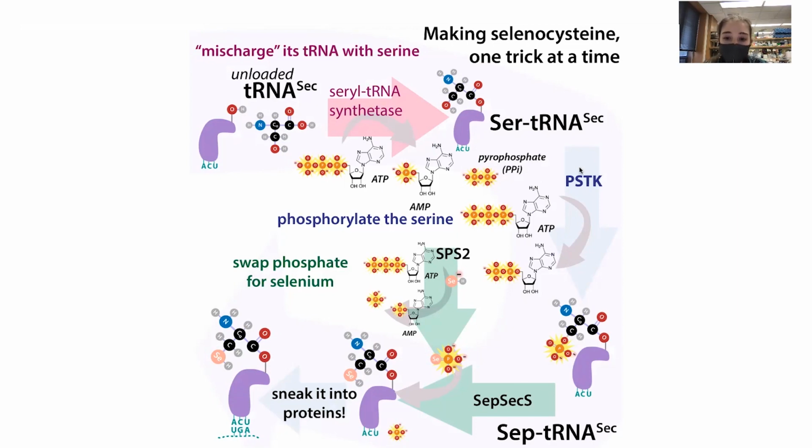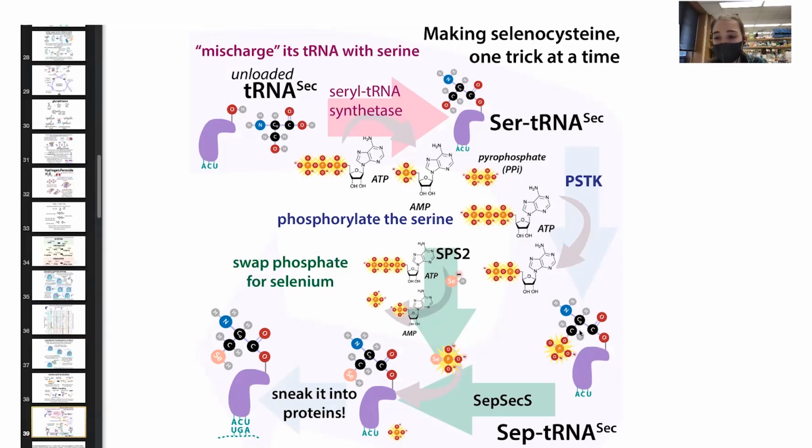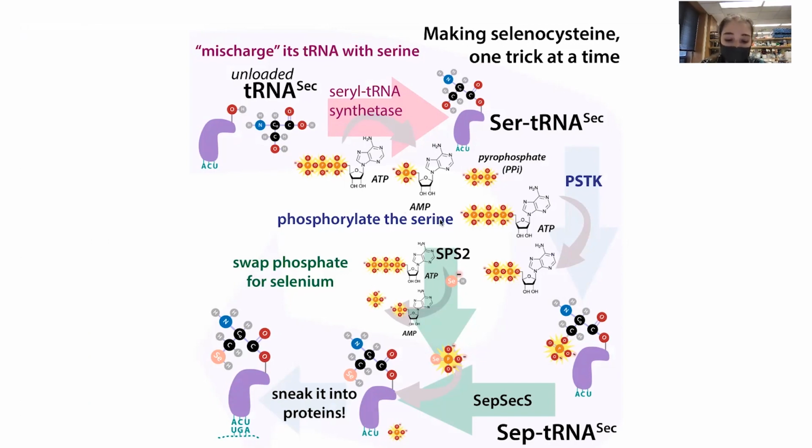Basically there's this kinase, a phosphate group adder, and it's going to add the phosphate to this OH. So now we have phosphorylated serine. We talked about how phosphorylation can be a post-translational modification, where serine can get phosphorylated after it is put into the chain.